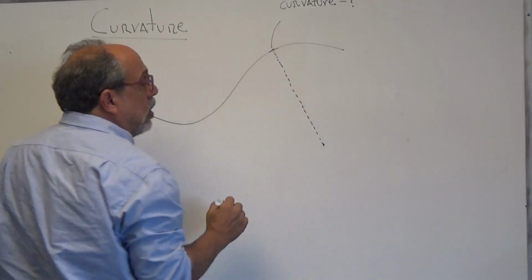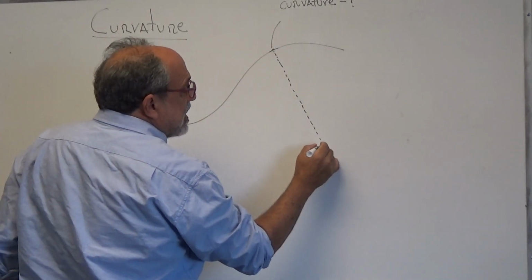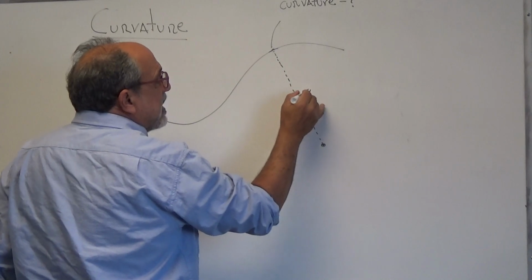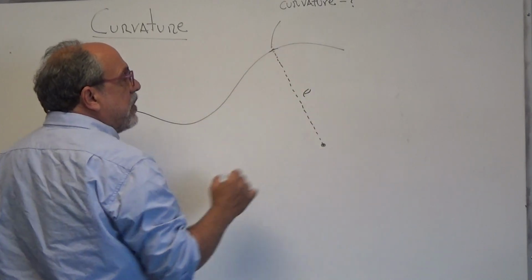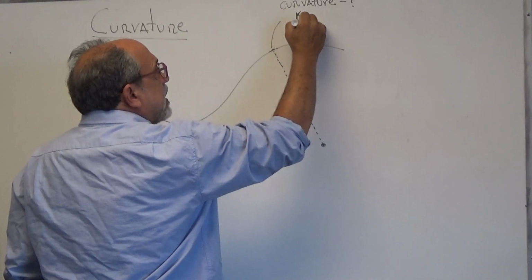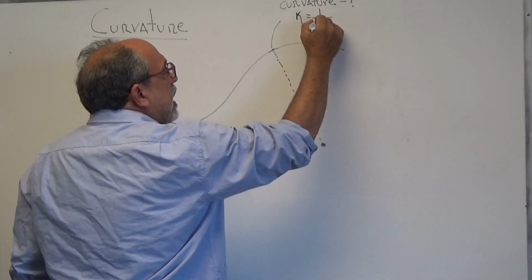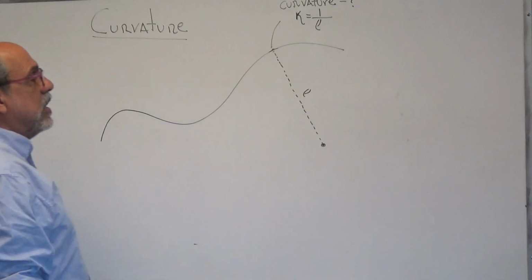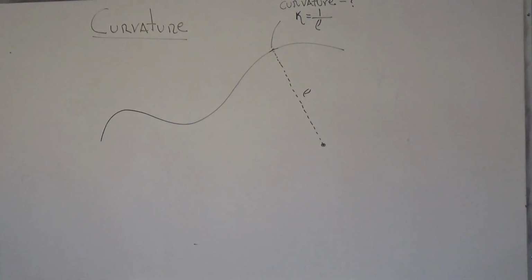Very, very, very small. And there will be a certain distance, which is the opening of the compass. Then by definition, the curvature at that point is 1 divided by the opening of the compass, or the radius of curvature.